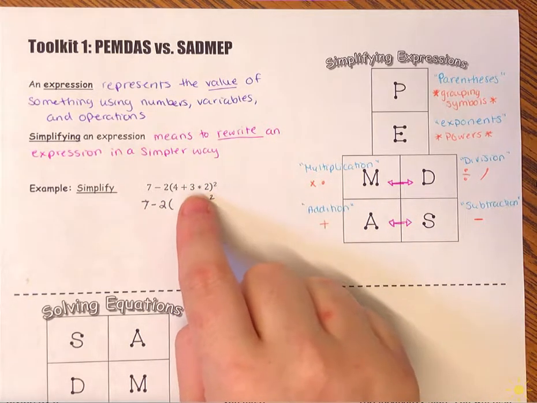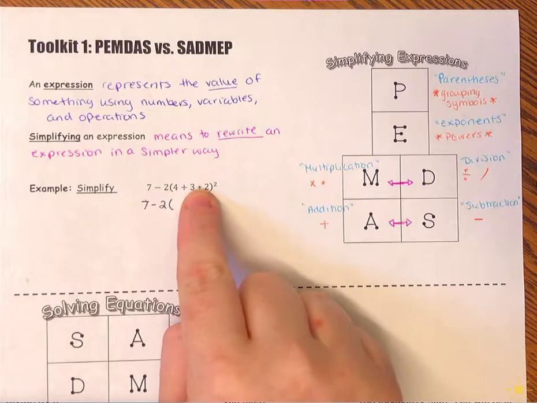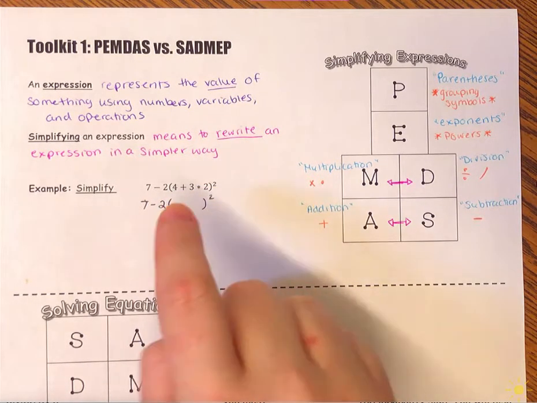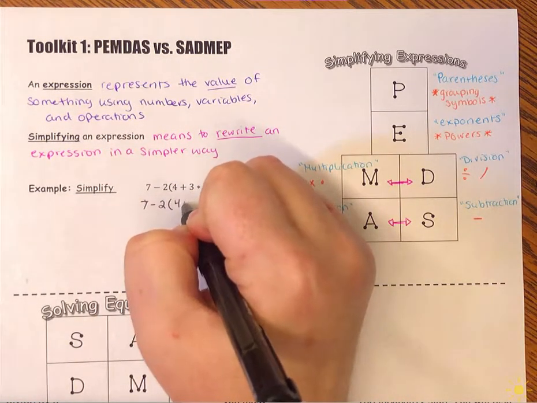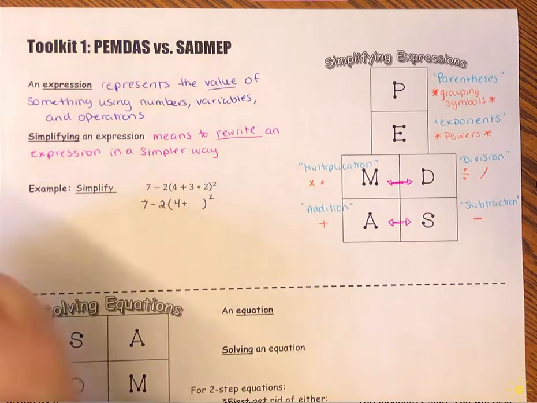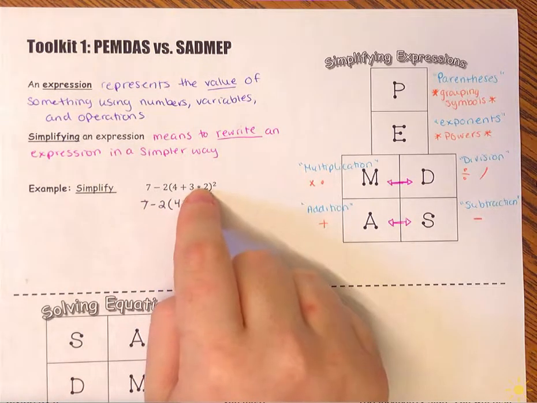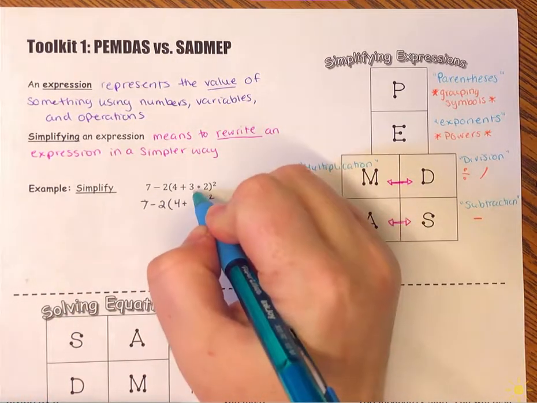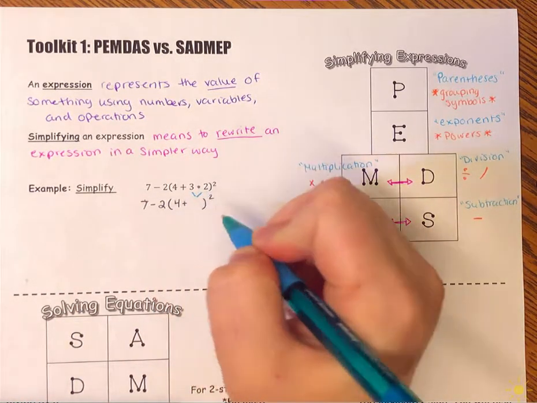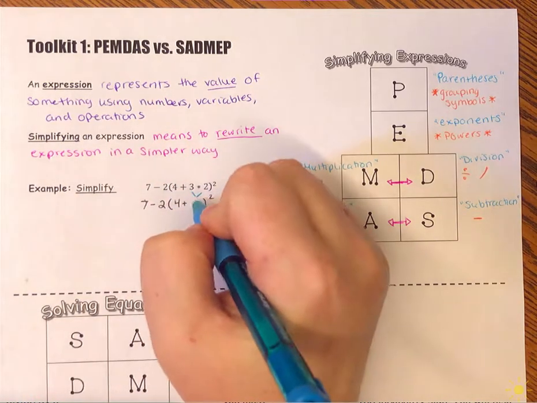We need to focus on that timesing part first. And it's the 3 times the 2. So this 4 is actually just going to drop down because we can't touch that yet. We're going to go ahead and put the plus symbol as well, because then any signs that we need to change can change later on. So focusing on this 3 times 2, 3 times 2 is 6.